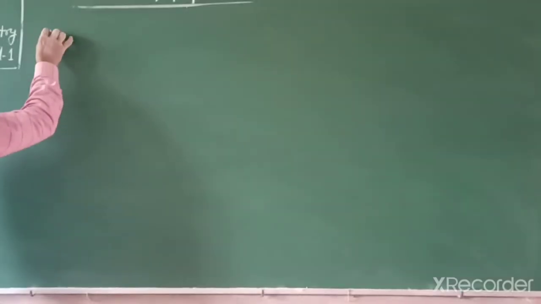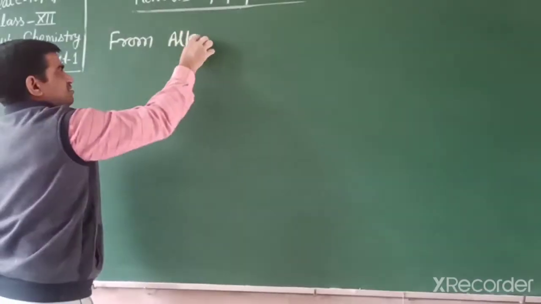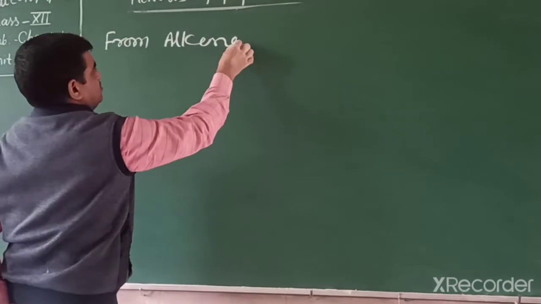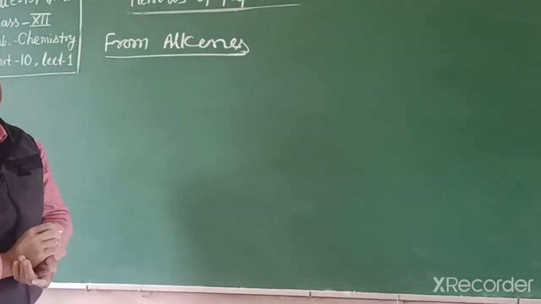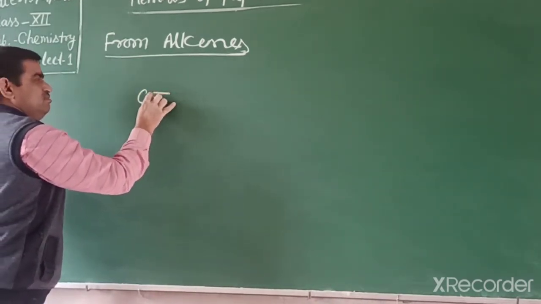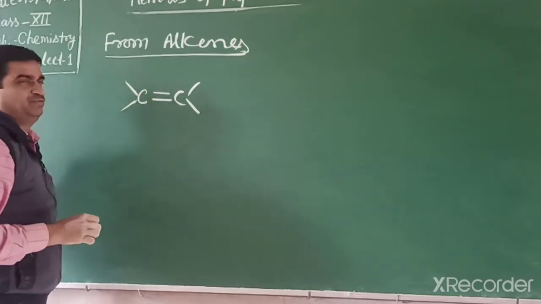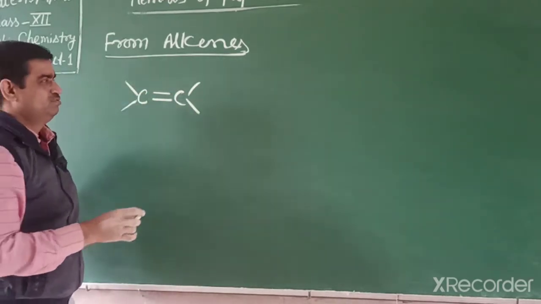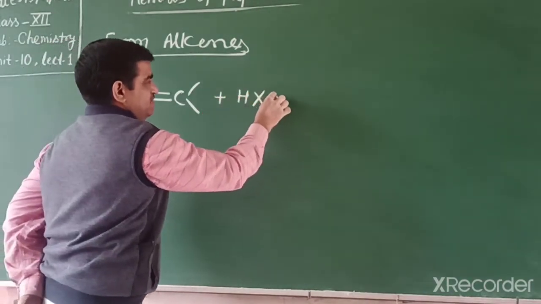From alkenes, students, how can we prepare from alkenes? You know, alkenes are compounds having a double bond. So, addition of hydrogen halide on alkenes.